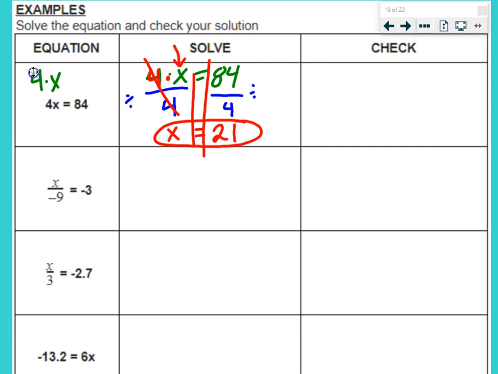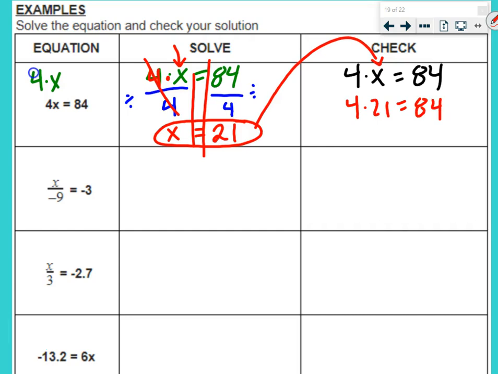Then remember, we do need to check our solution. So 4 times x equals 84. Plug 21 in for x, so we do 4 times 21 equals 84. Check if that's true. Do 4 times 21. When we do that, we get 84, which equals 84. So we're good.